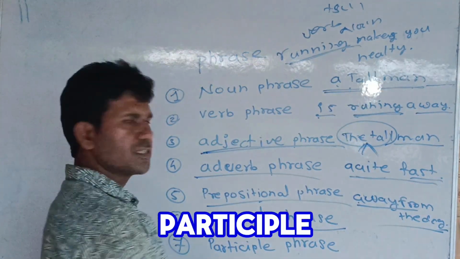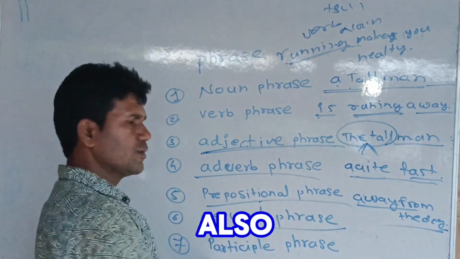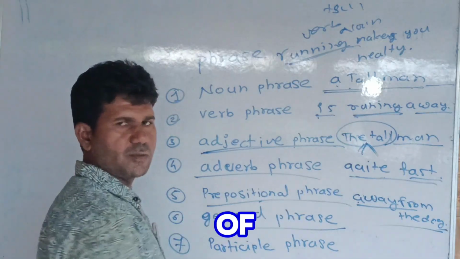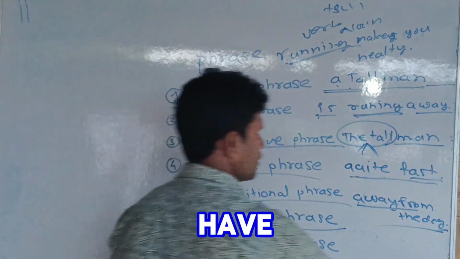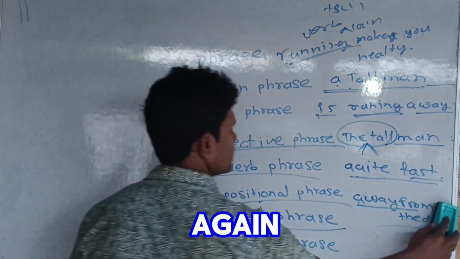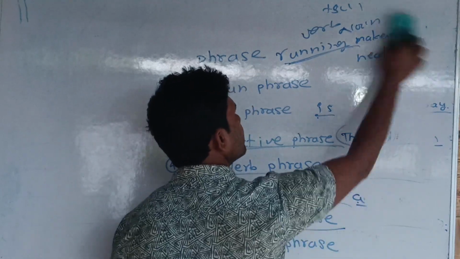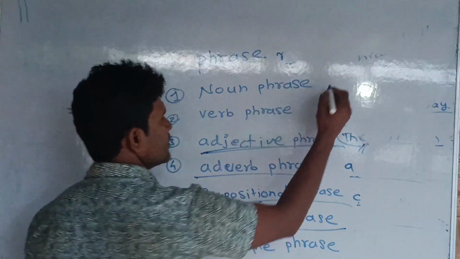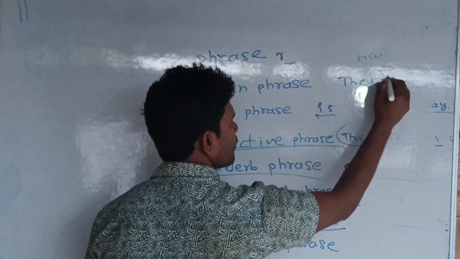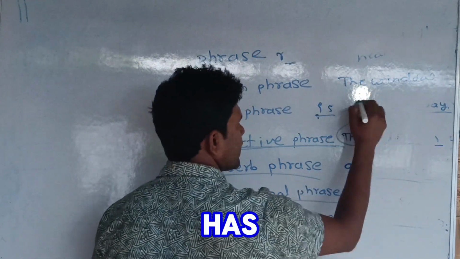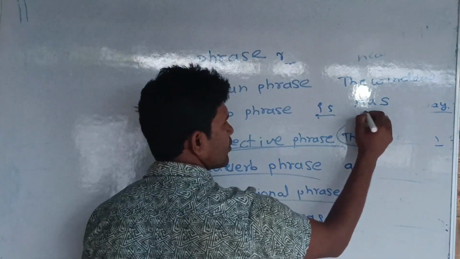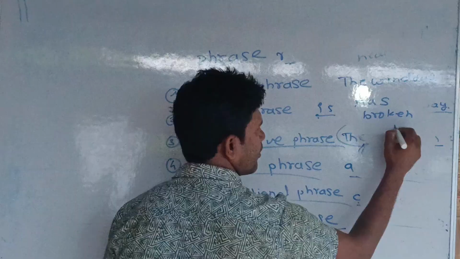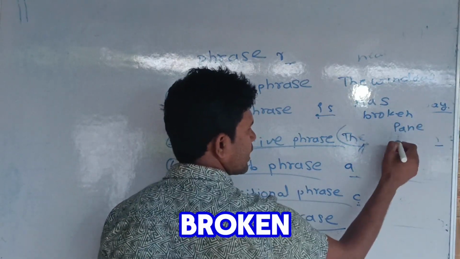Now we will go for participle phrase. This phrase is also a verb with its form acting as an adjective of the sentence. We will have to make a different sentence again. The window has broken pane or broken glass.